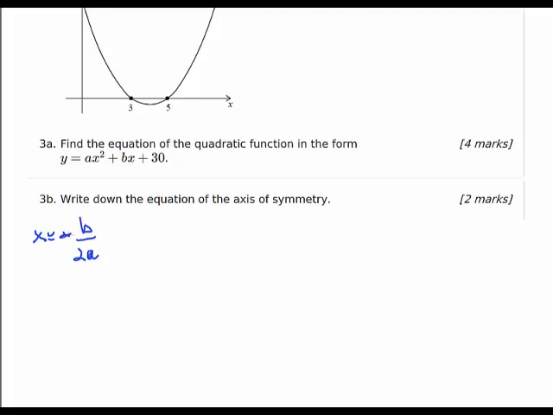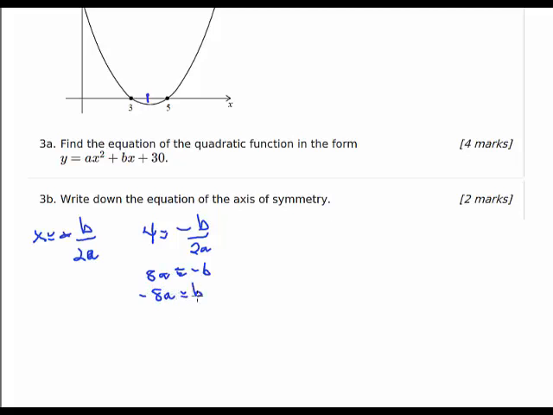And since we know that that's 4 here, then I can say that 4 equals negative b over 2a, and so 8a is negative b, and I'm going to make b the positive, so negative 8a equals b.